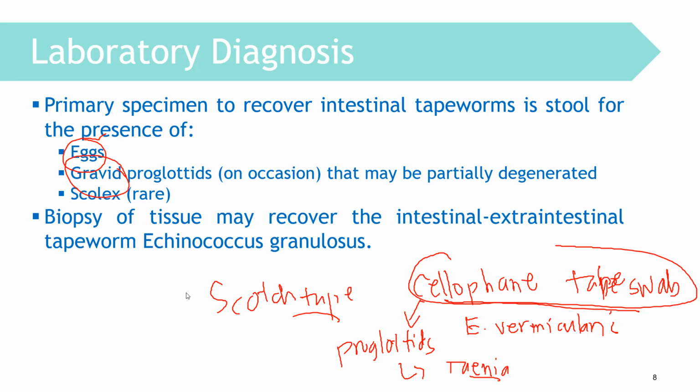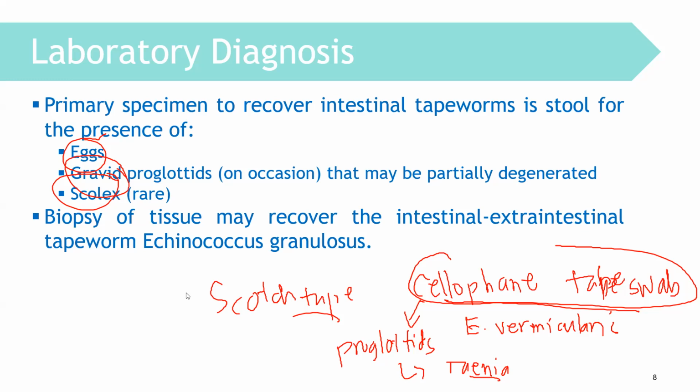Because if you just recover the egg or the proglottids, while the head or scolex of this parasite is still attached in the intestinal mucosa of our GI, it is still capable of producing proglottids, that are capable of producing eggs, that are capable of producing hundreds of parasites. Thus, it is always said that successful treatment of cestode infection should reveal the scolex. Again, scolex is the head of the parasite.